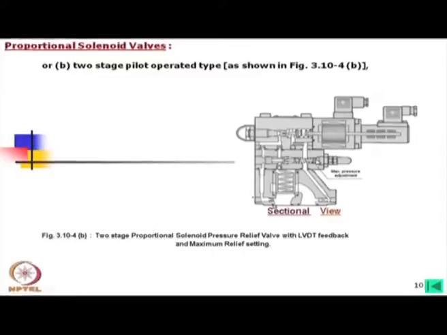Suppose this system will work from 5 megapascal to 10 megapascal, then this setting will be at 10 megapascal. So, if this does not function, then this valve will function, and then relief will be there, or this is an extra safety device. However, we can remove this.